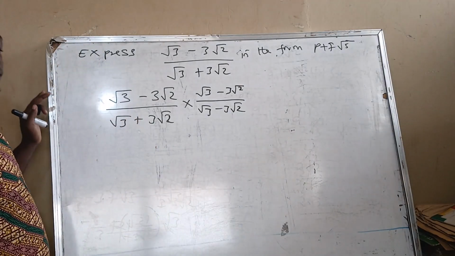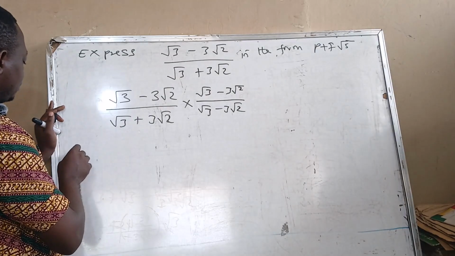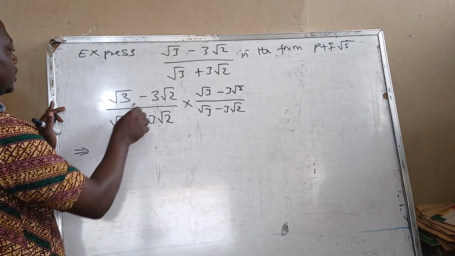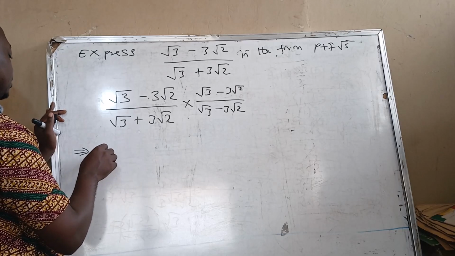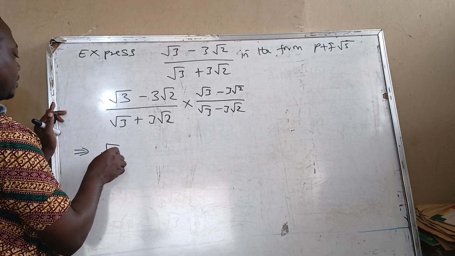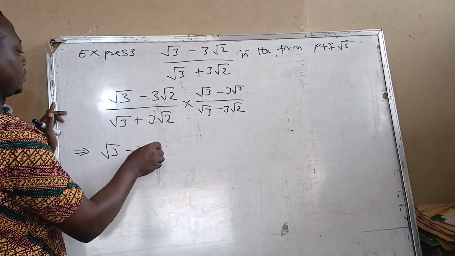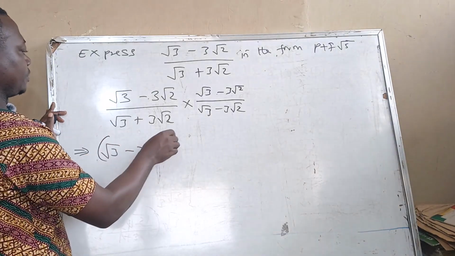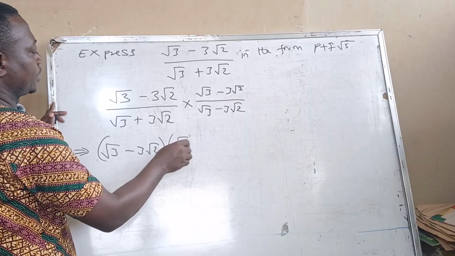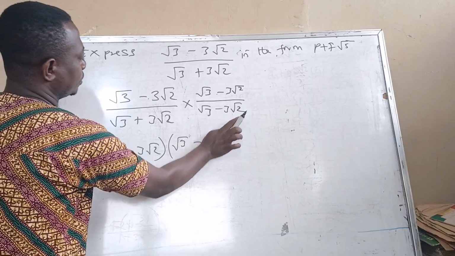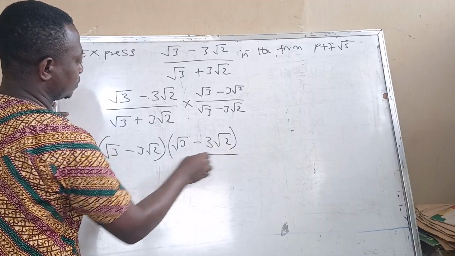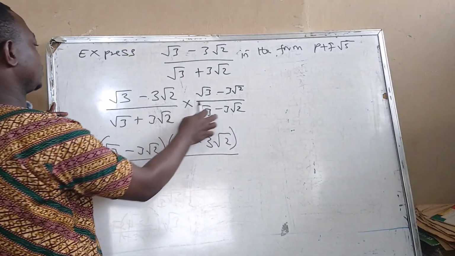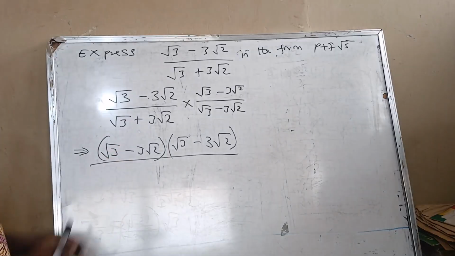So this one is very simple. Let's look at the numerator. So this times that. So the same as square root of 3 minus 3 root 2 times square root of 3 minus 3 root 2. And remember this one, difference of 2 squares. We just solved a similar one.